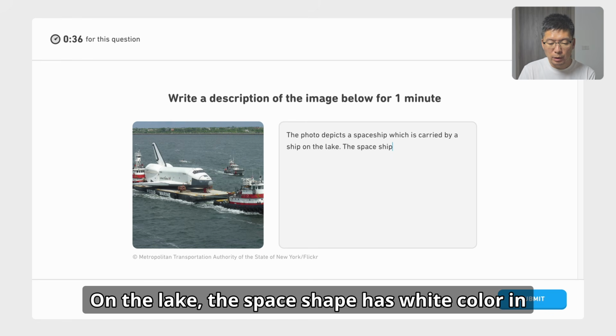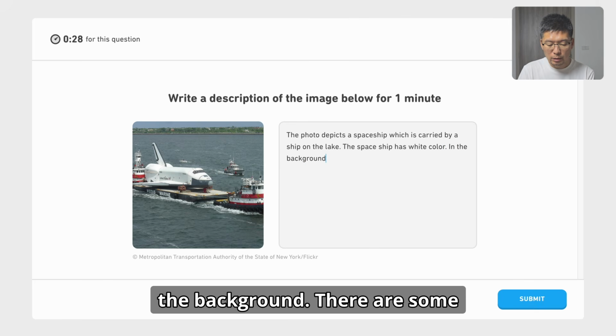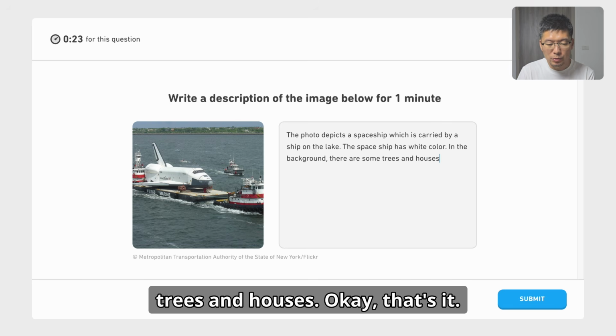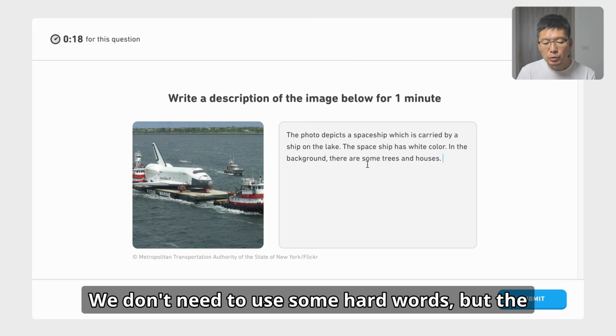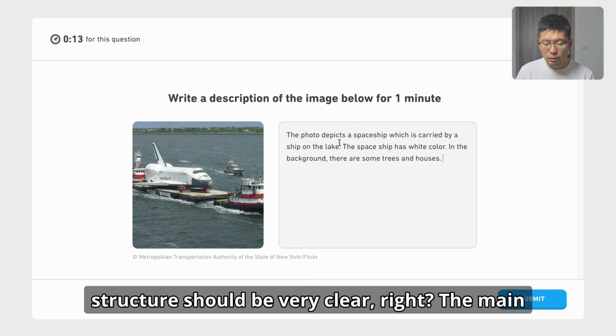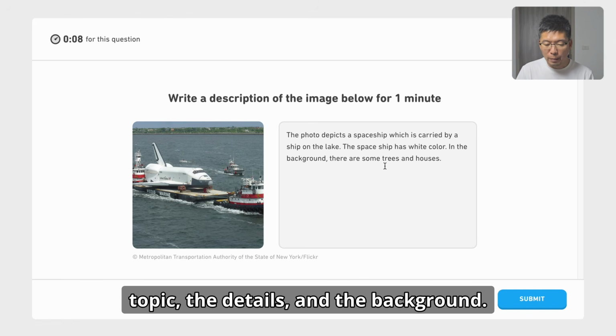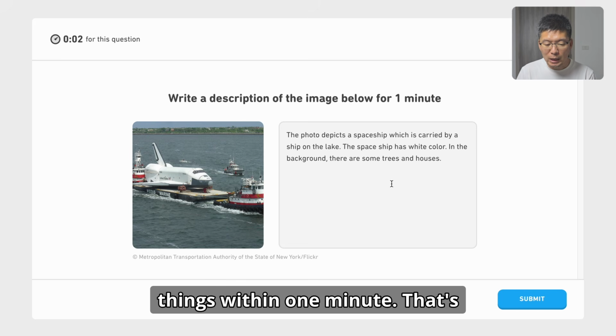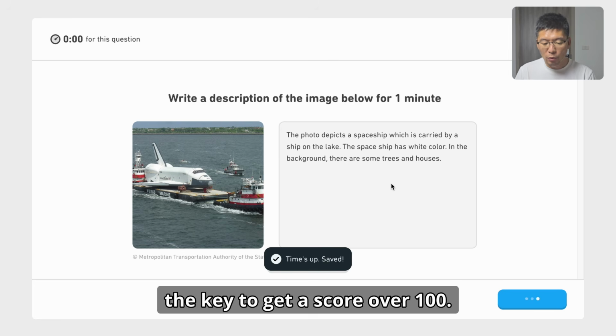The spaceship has white color. In the background, there are some trees and houses. Okay, that's it. We don't need to use some hard words, but the structure should be very clear, right? The main topic, the details, and the background, and try to make sure you can finish all these things within 1 minute. That's the key to get a score over 100.